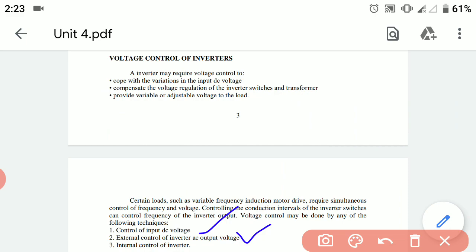If we are using any internal circuit inside the inverter to get the variable output, that is internal control of inverter. So there are three cases. We can get the variable AC either by increasing or decreasing the input DC voltage, by applying an external circuit to change the fixed AC into variable AC, or by applying internal circuitry to change the fixed AC voltage into variable AC voltage.